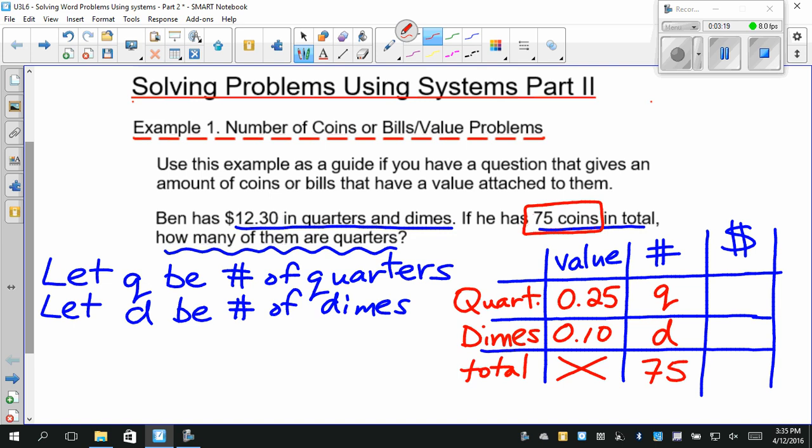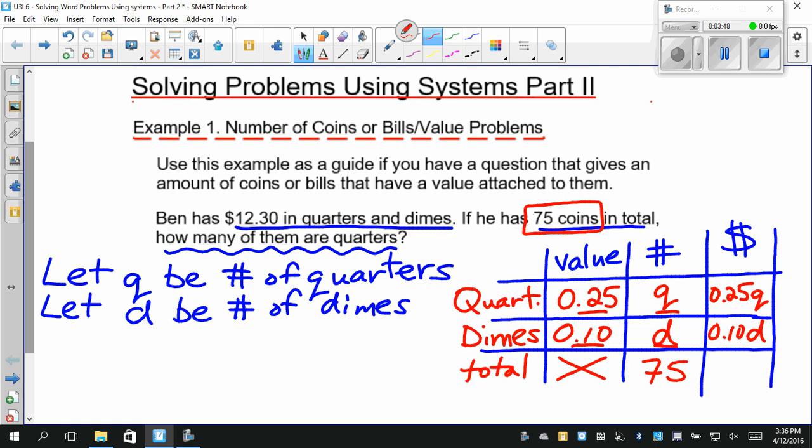Now to figure out the value of quarters you have, each quarter is worth 0.25. You have Q quarters, so this is going to be 0.25Q. And then for the dimes, each dime is worth 0.10. We have D number of dimes, so we're going to write 0.10D.